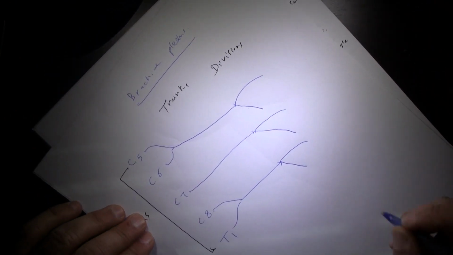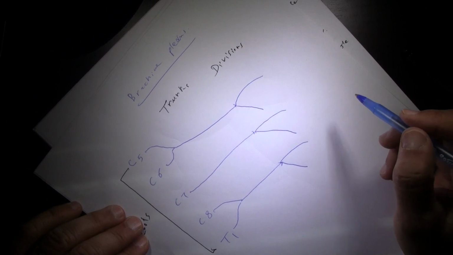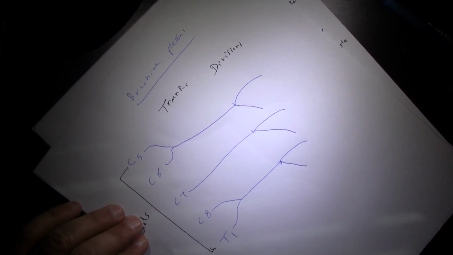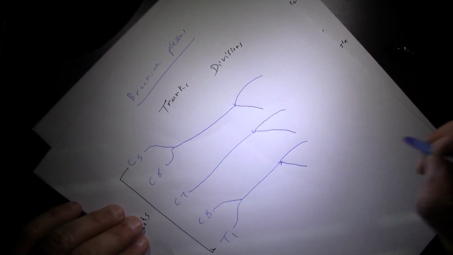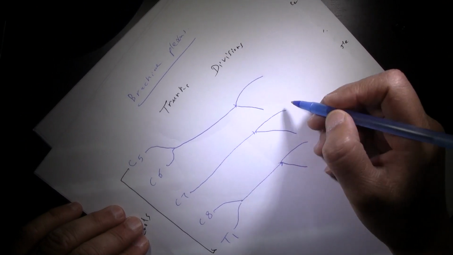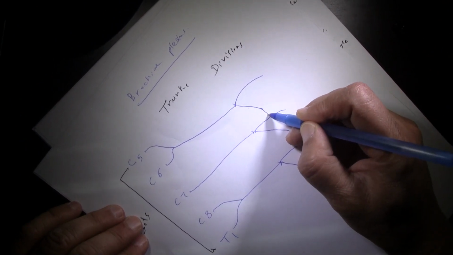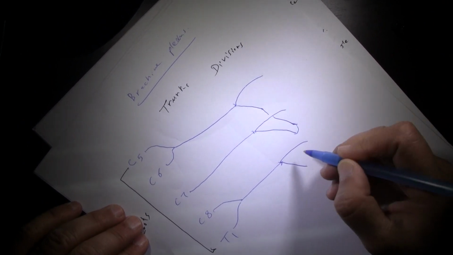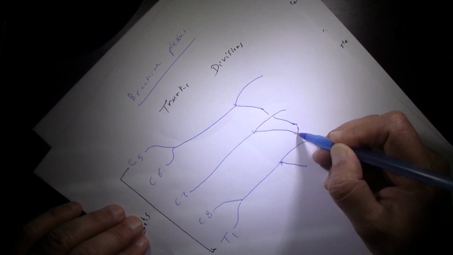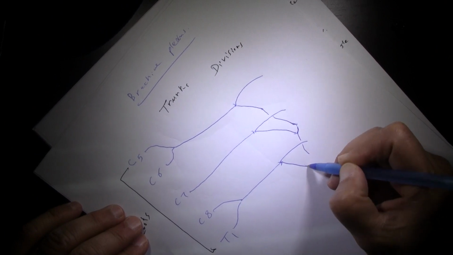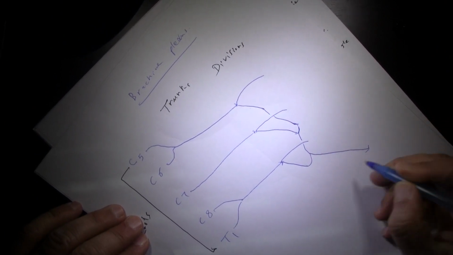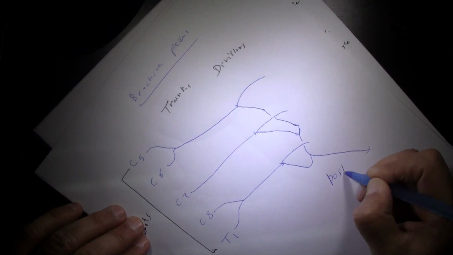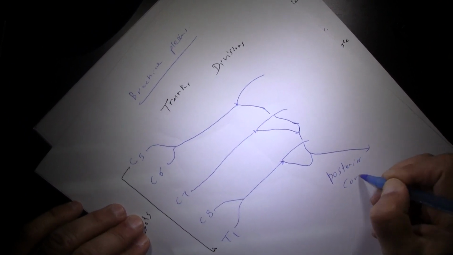Then these divisions join each other to form what we call cords. For example, you will see the posterior division of the upper trunk joining the posterior division of the middle trunk, joining the posterior division of the lower trunk. They form what we call the posterior cord.